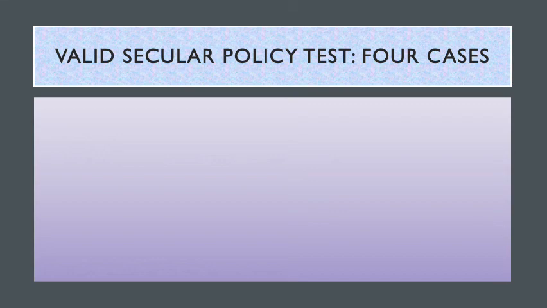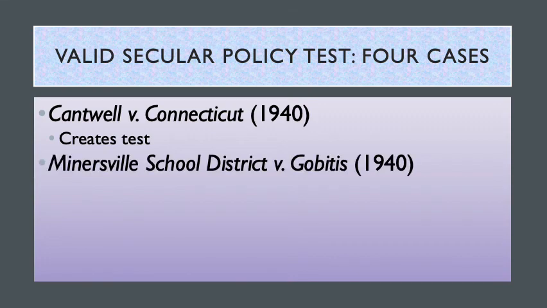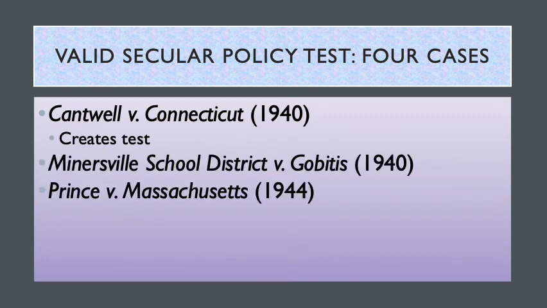The Valid Secular Policy Test is developed in, and relates to, four cases. The test is created in Cantwell versus Connecticut, and that's the case that we're going to talk about. And then the test is employed in the Minersville School District versus Gobitis case.